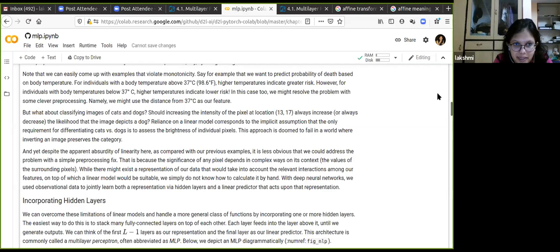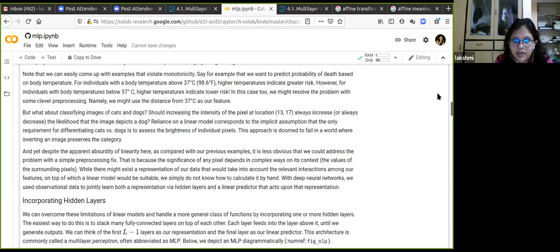And yet, despite the apparent absurdity of linearity here as compared with our previous example, it is less obvious that we could address the problem with a simple pre-processing fix. This is because the significance of any pixel depends in a complex way on its context, that is the values of surrounding pixels.